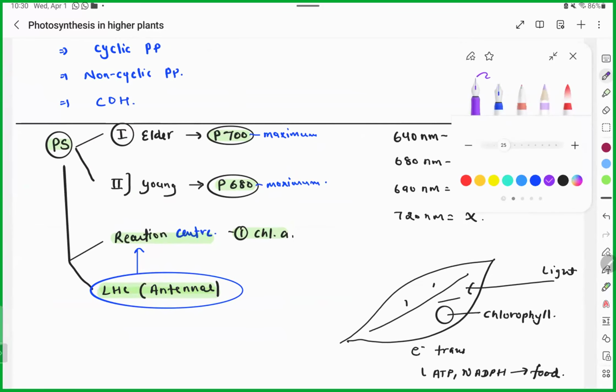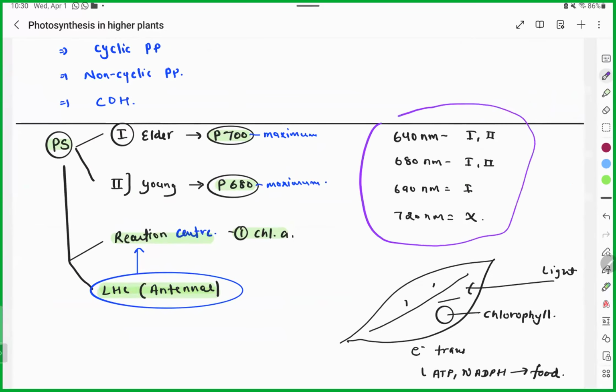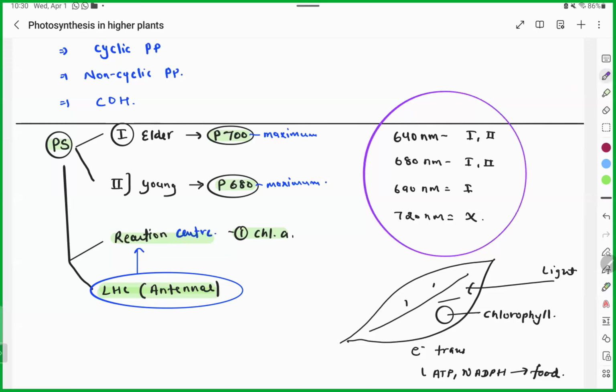This part is extremely important. If the examiner makes a difficult, tricky question, they can make it from this. When I said 700 is the value for the elder one, because the elder one can do more work, that's why the maximum potential is 700. Imagine it can also work below that. The younger one has maximum potential 680 because of less experience.